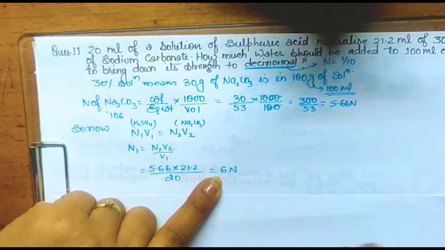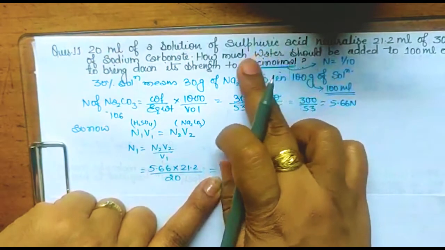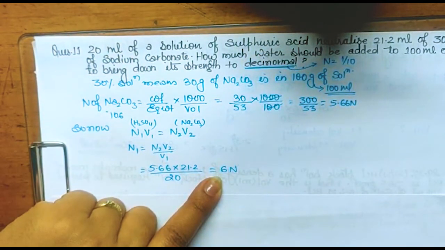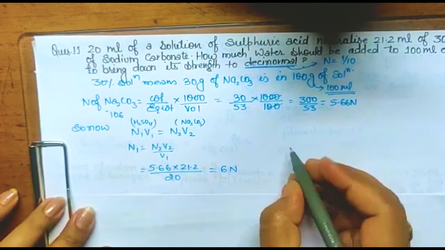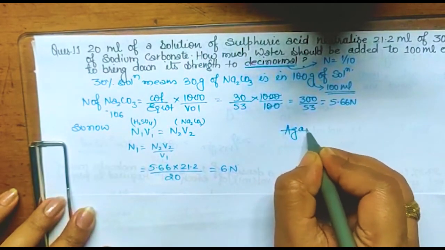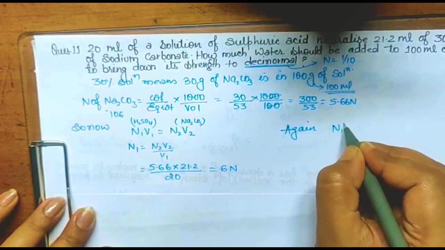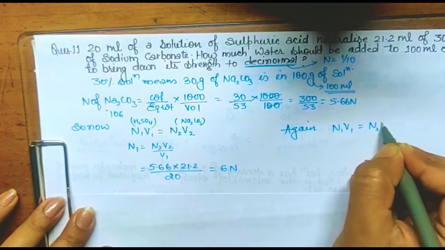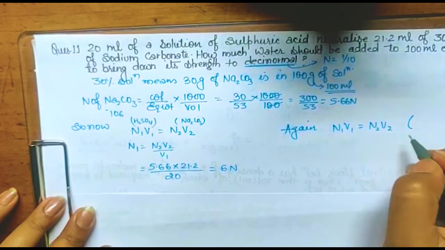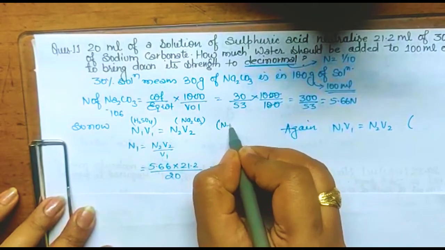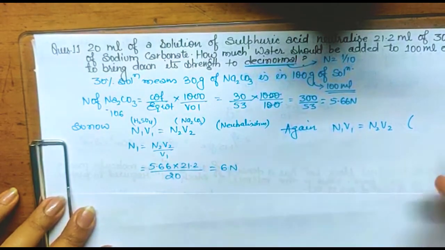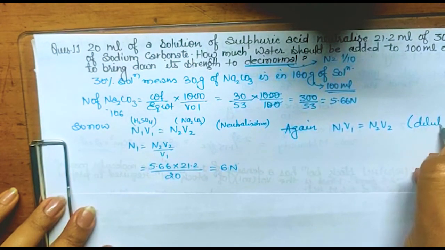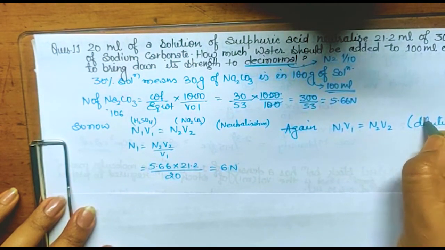Later on, how much volume will we add so that its normality becomes decinormal? So again we will use the formula N1V1 is equal to N2V2. This was the case for neutralization, and now this is the case for dilution because we are going to add water in this, isn't it?